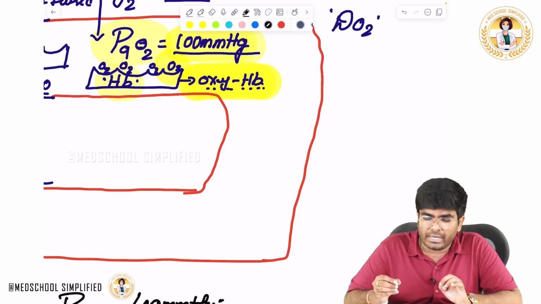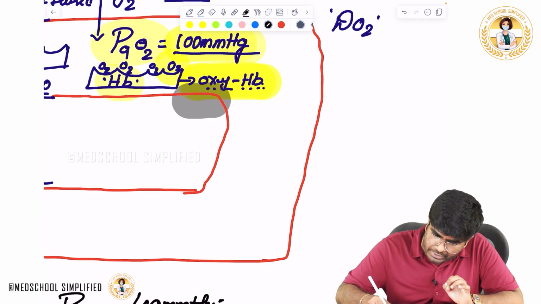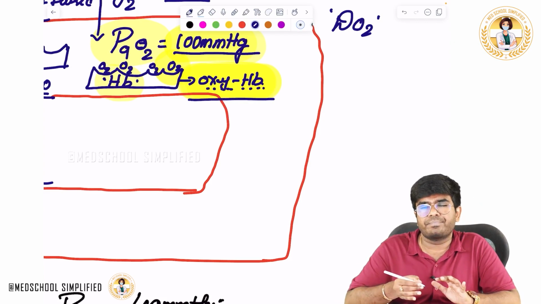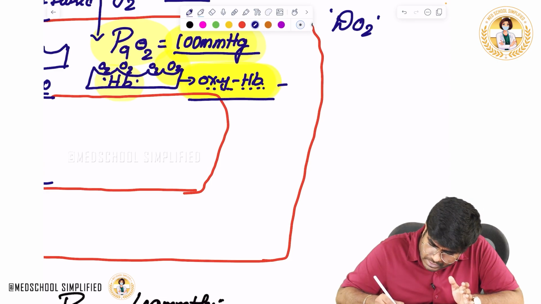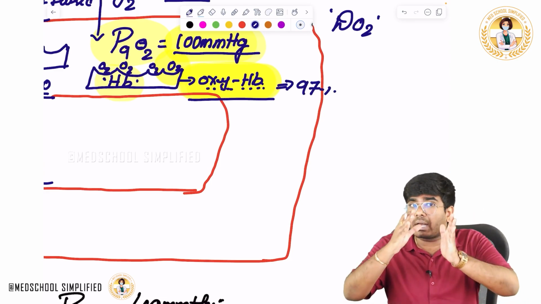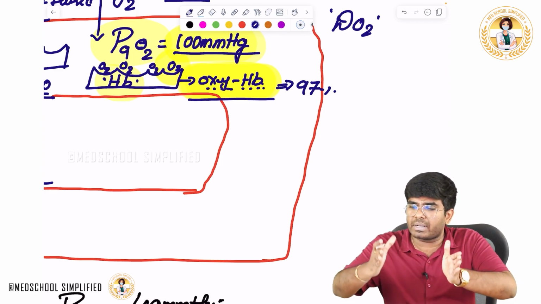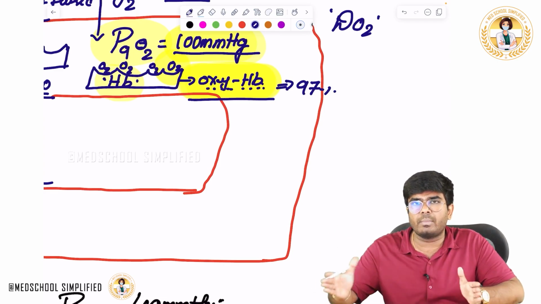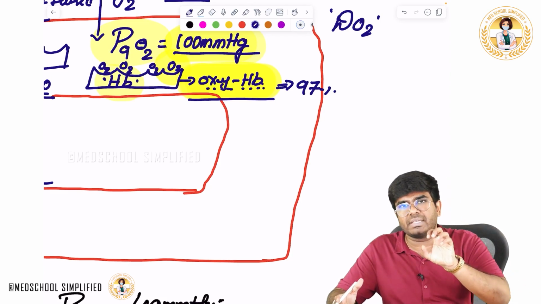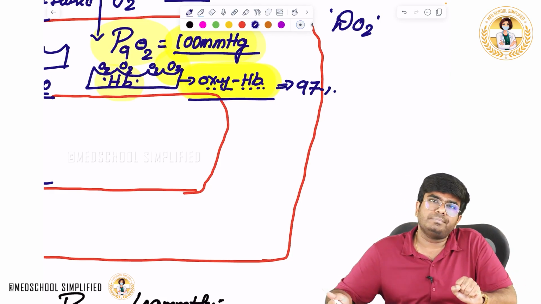But at the end of the day, 97% of the hemoglobin in the arterial blood is oxyhemoglobin, because the hemoglobin is accepting oxygen.